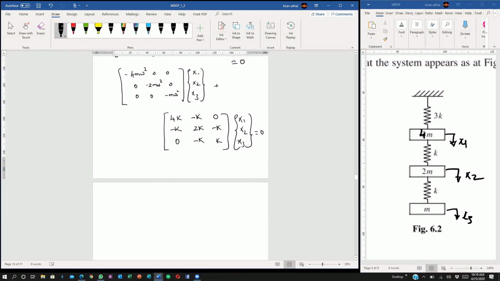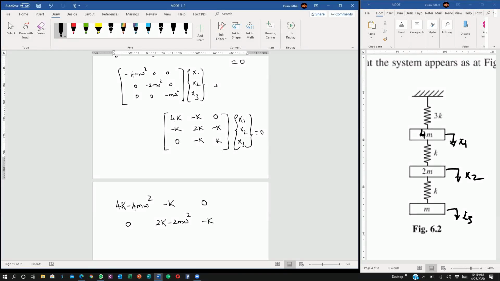So when I try to club this particular part, what I am going to get is 4k minus 4m omega square, minus k, 0, again here 0, 2k minus 2m omega square, minus k.